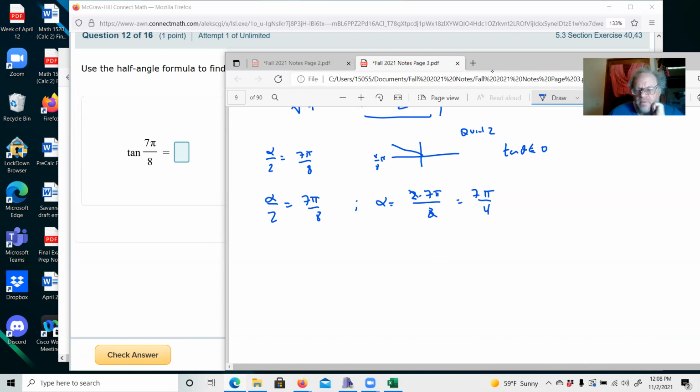Where's 7 pi over 4? Well, again, here is quadrant 4. 8 pi over 4 would be here, so 7 pi over 4 would be in quadrant 4, because we're counting up. Our reference angle is still pi over 4.